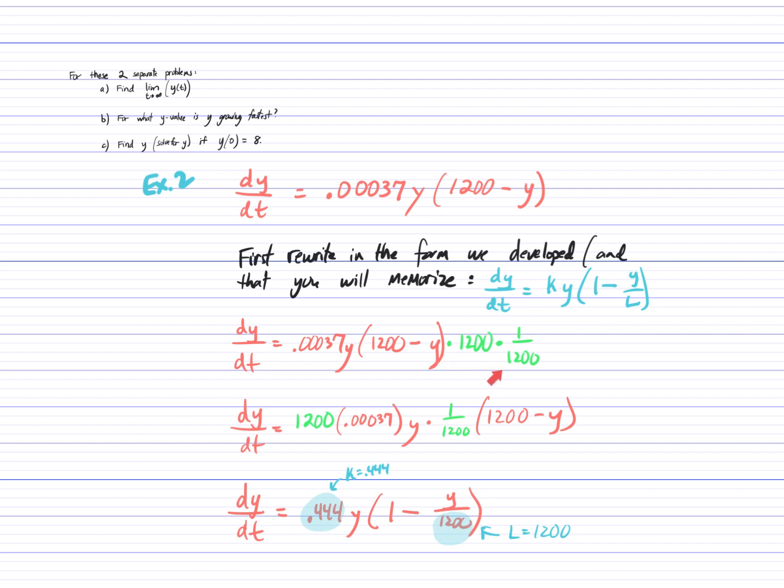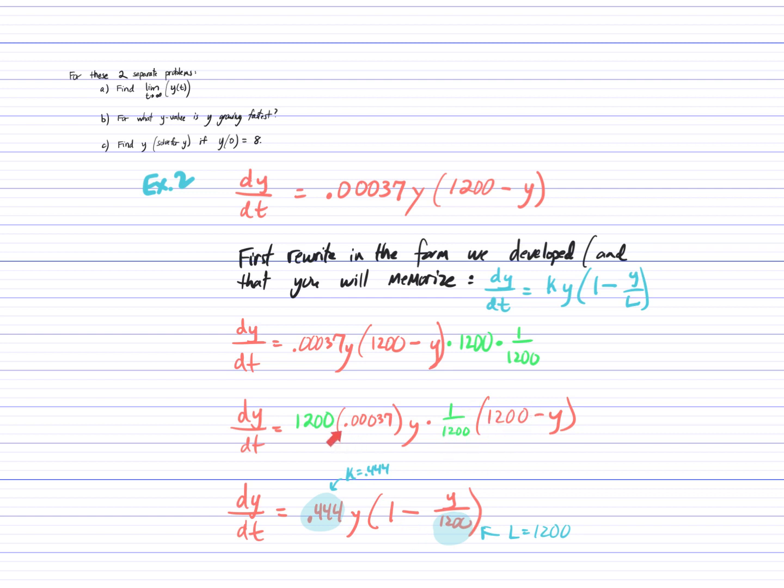We're going to do this green thing, which notice it's just multiplying by 1. 1200 over 1200 is 1, so we're not going to change the value at all, but we're going to distribute the 1200 in front of the parentheses, and the 1 over 1200 is going to get multiplied by the parentheses. And when we do that, inside the parentheses we'll have 1 minus y over 1200.